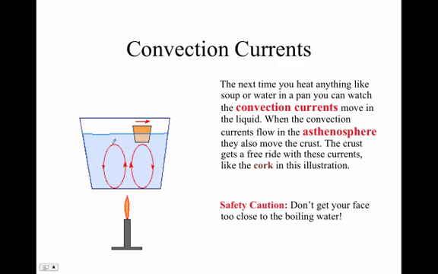So hot liquids rise, and then as they get away from the heat source, they sink, and then they rise again. These convection currents occur in the liquid part of the mantle. So what if this cork was sitting on top, which would represent the crustal plate? What would happen is it would move maybe this way if the convection current was going this way, or it could go this way.